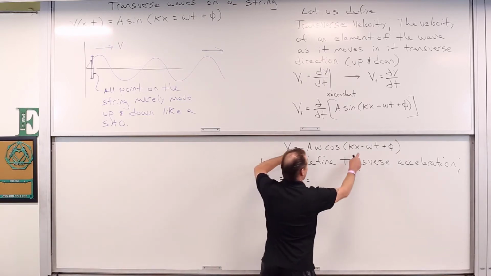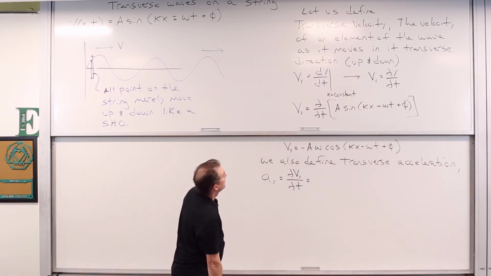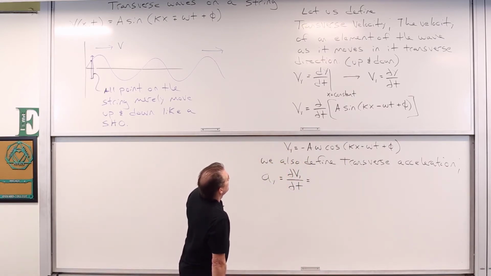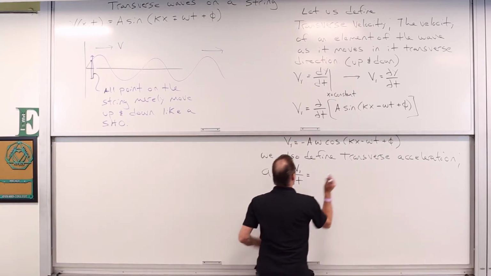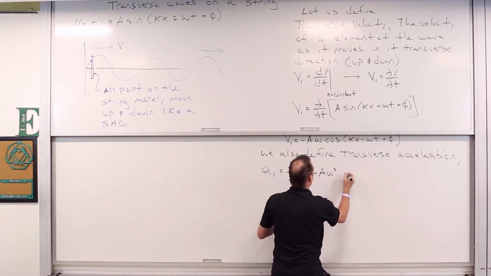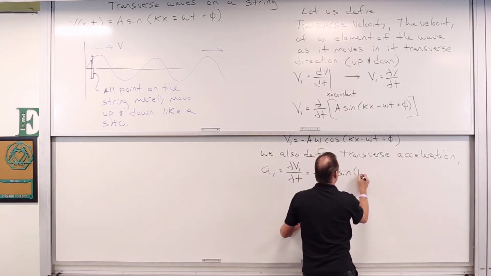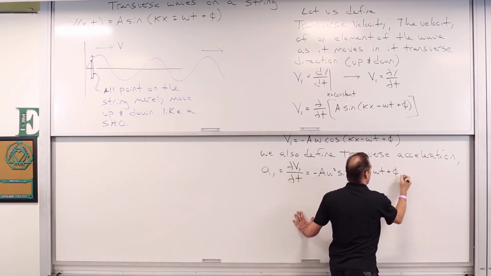Those negative signs cancel out. Negative omega comes out from there. Anyways, this ends up being negative a omega squared sine of kx minus omega t plus phi.